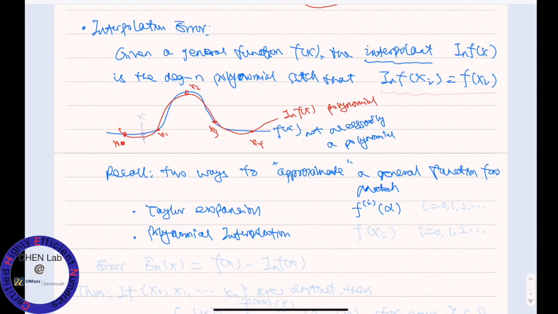It matches multiple derivatives at a single point. Over here, it matches the function value at xi, where i is 0, 1, 2, and so forth. Here also i is 0, 1, 2, and so on, where the zeroth derivative is the function itself.